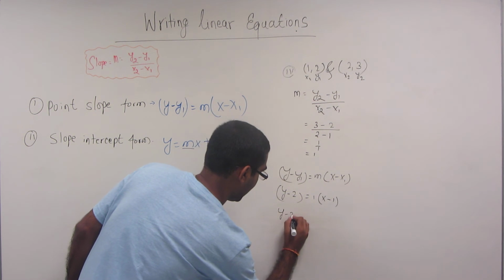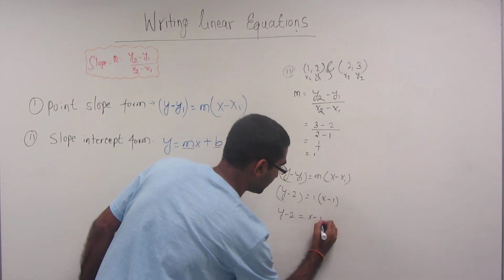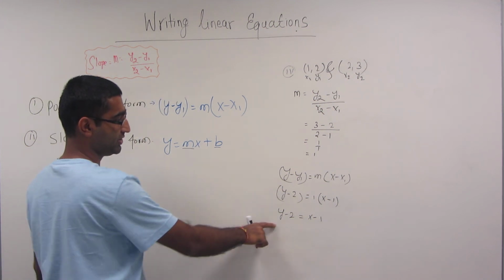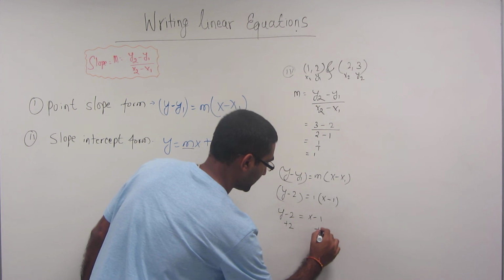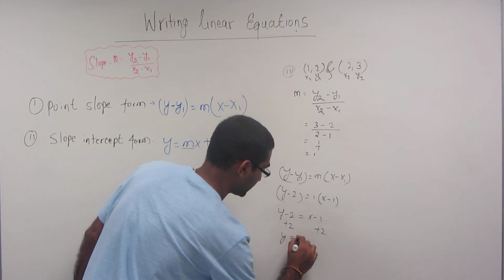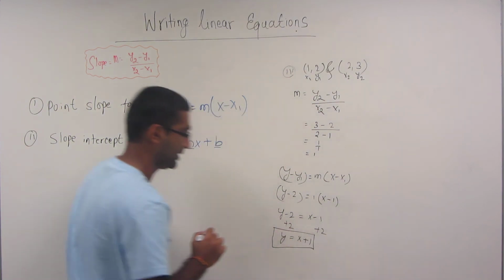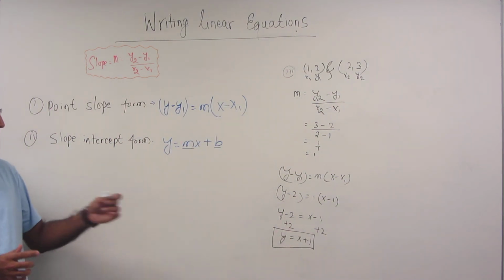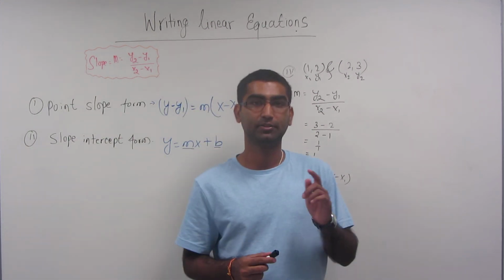This gives us y minus 2 equals, distribute 1 to the parentheses, I get x minus 1. Now I'm going to change this into the standard form. So y by itself, plus 2 gives me y equals x plus 1. So this is y equals mx plus b. And this is my linear equation.